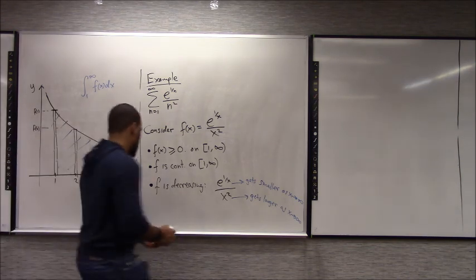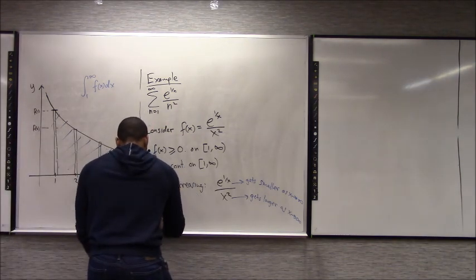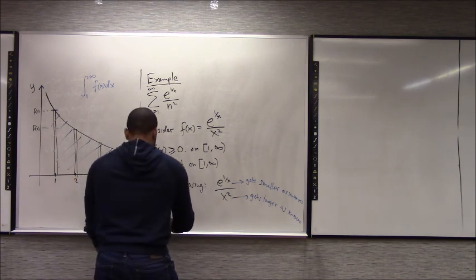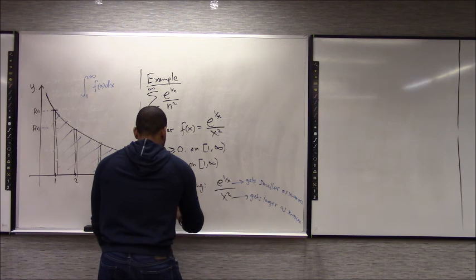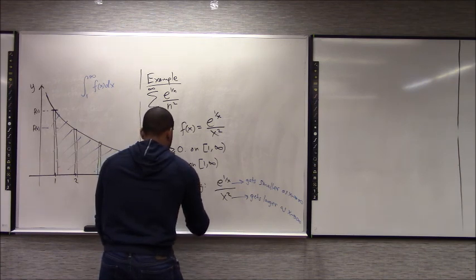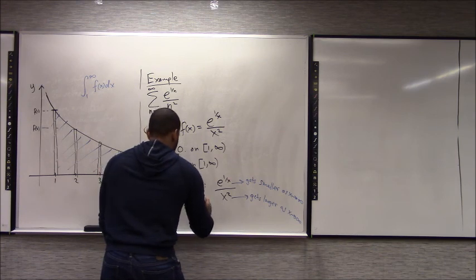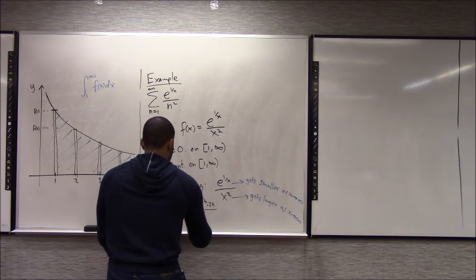Another way to see that is to actually just find the derivative. Or you can find f prime. It's going to be the bottom times the derivative of the top minus the top times the derivative of the bottom over the bottom squared.